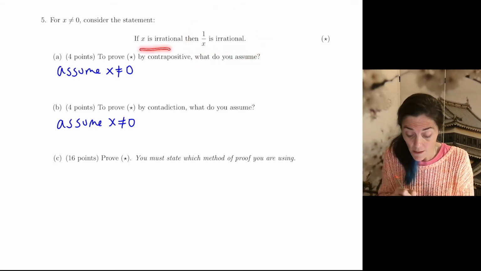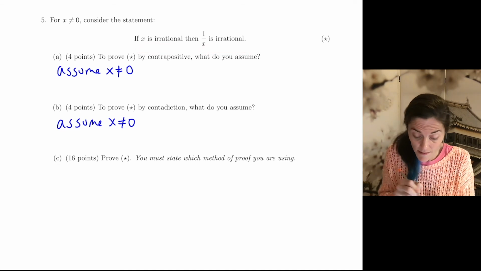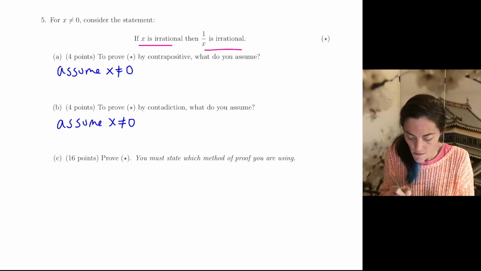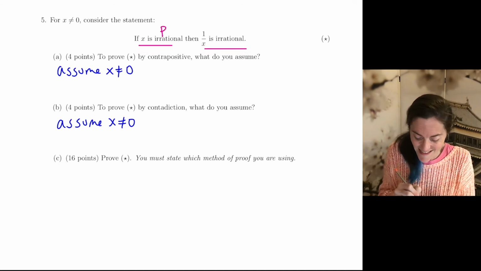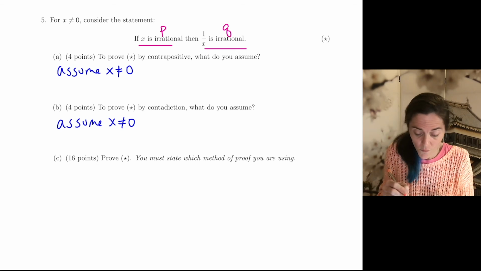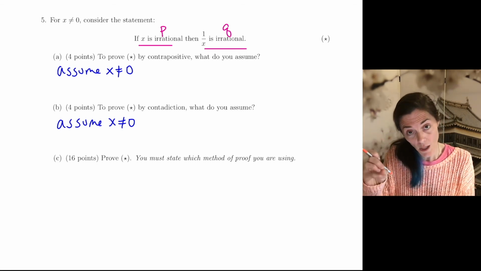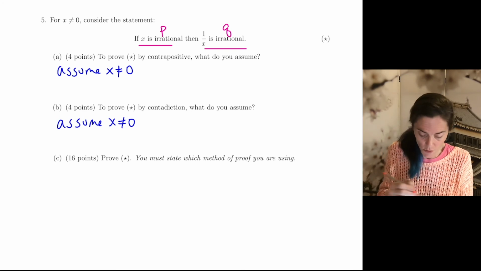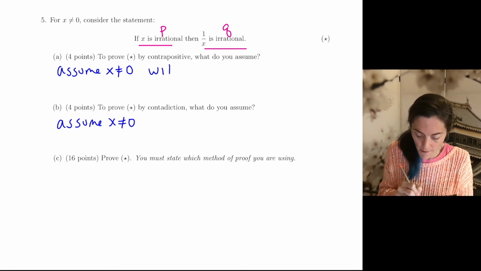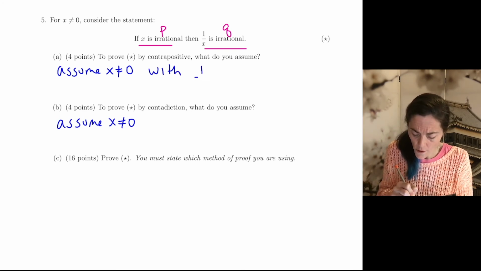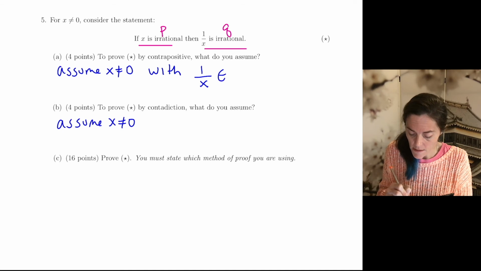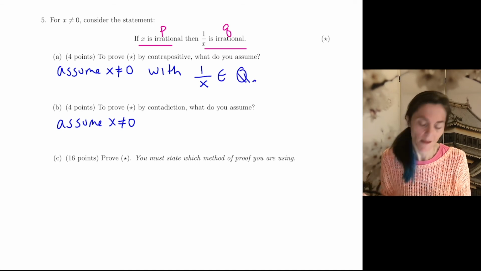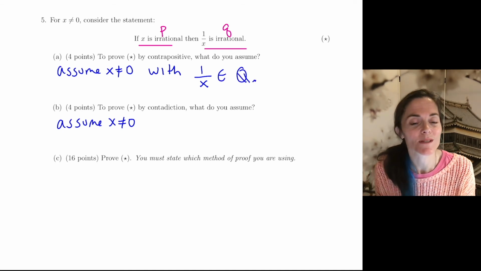So say this is P and say this is Q. In a proof by contrapositive, you assume not Q and show not P. So we assume not Q here, which is that 1 over x is a rational number. And I can write it like this with symbols.